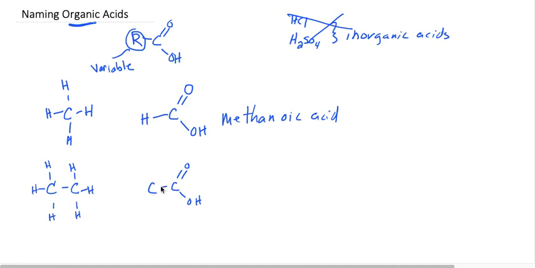This carbon has 1, 2, 3, 4 bonds. The 2-carbon chain we know is ethane. So again, remember, we drop the ending and we add oic acid. Okay?